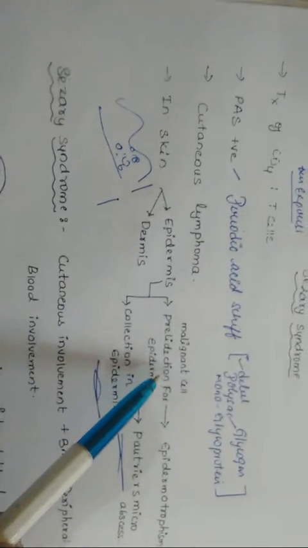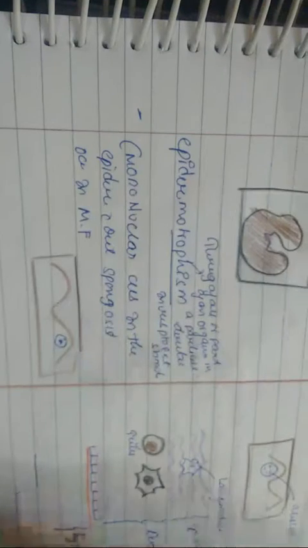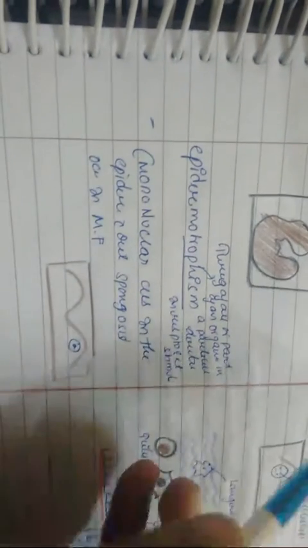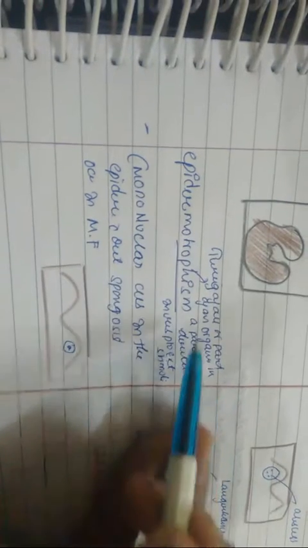In skin, you have the epidermis and the dermis. When only one malignant cell is present, there is a predilection for the epidermis. So what do you mean by epidermotropism? Epidermotropism is nothing but turning off. Why is it known as tropism?